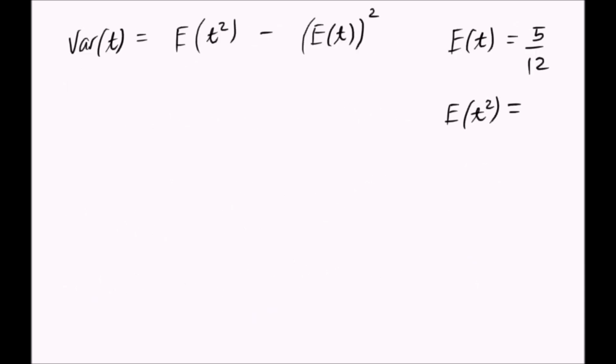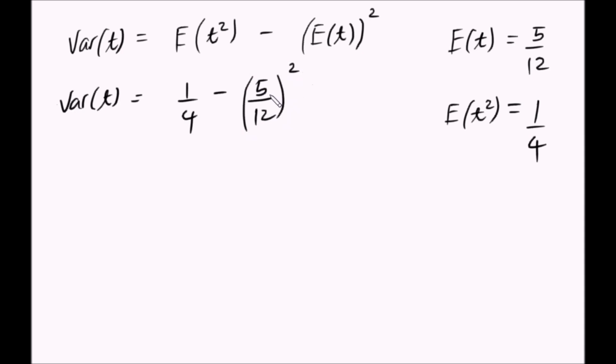So now, expectation of t squared is what? 1 over 4. So variance of t will be expectation of t squared, 1 over 4, minus expectation of t, 5/12, squared. So variance of t will be 1 over 4 minus 25 over 144.